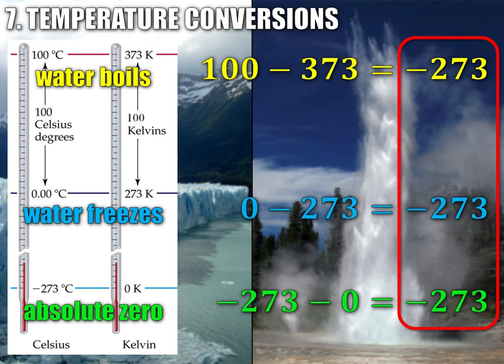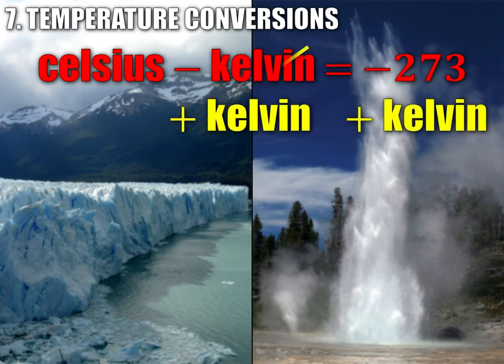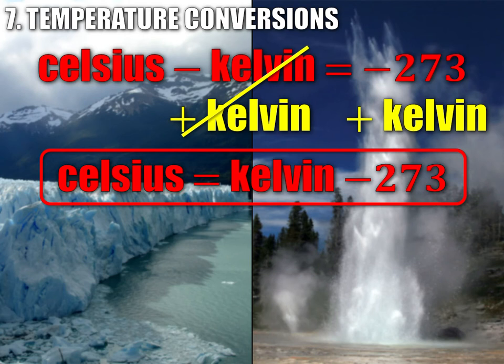This is going to be very useful to us. So we realize that the difference between Celsius and Kelvin is always 273. From this information, we create this formula. It says Celsius subtracted by Kelvin is negative 273. If we solve this for Celsius, we find that Celsius is Kelvin subtract 273. So if you know the temperature in Kelvin, you subtract 273 and bam, you got your Celsius temperature.